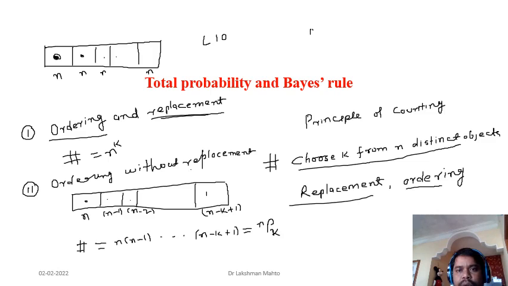In the third approach, we don't focus on order. Here it would be k. Yes, n minus k plus 1, it is already given here.